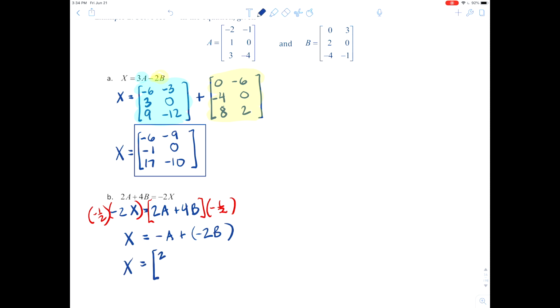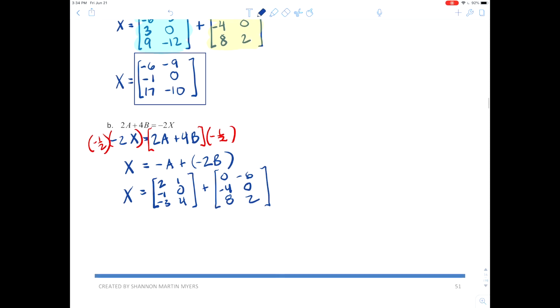All right, so completing this, let's see what we get. -A is going to be 2, 1, -1, 0, -3, +4, and then -2 times B will be 0, -6, -4, 0, +8, +2. So then X will equal 2, -5, -5, 0, +5, and 6.